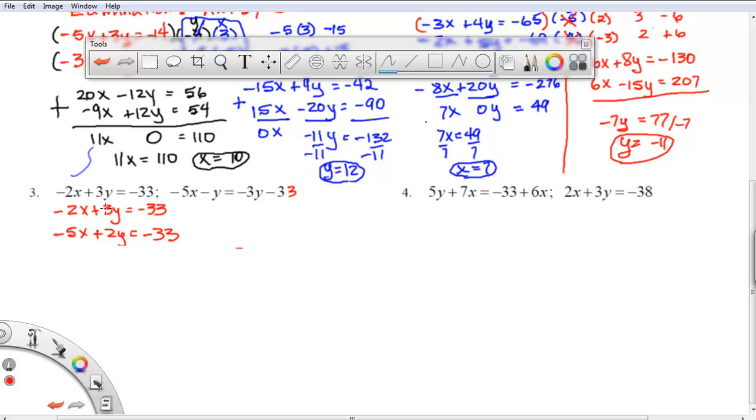Okay, so let's eliminate the x's first. Let's get rid of the x first. So if I look at a negative 2, well, let's just look at 2 and 5. And I want a 10. A 10, I want that to be a negative 10. This 10 to be a positive 10.